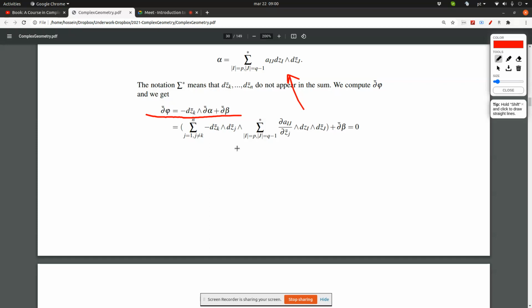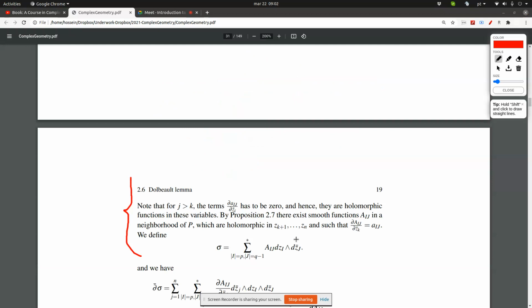The point is that this term has no dz_k bar, and this one also has no dz_k bar. So in the first sum there will be j not equal to k, because at the end there is already dz_k bar here. We observe that for j bigger than k, this has to be zero, because my differential form has no dz_{k+1} bar and so on.